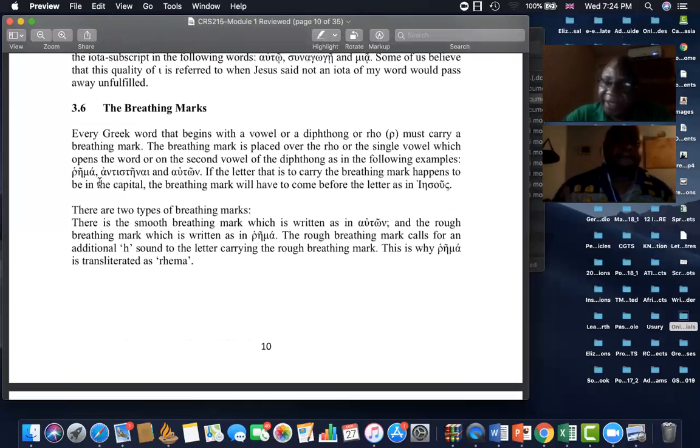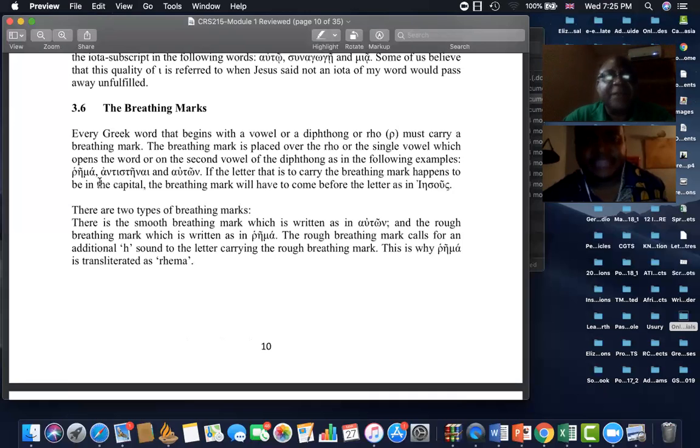Now, when a Greek word is started by a vowel, or by a diphthong, or by rho, three classes, vowel, diphthong, rho, when they start a word in Greek, they carry what we call a breathing mark.